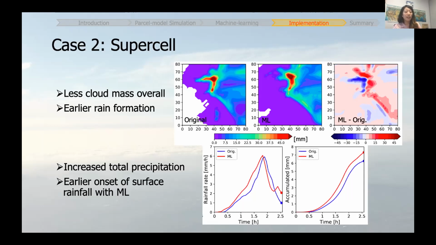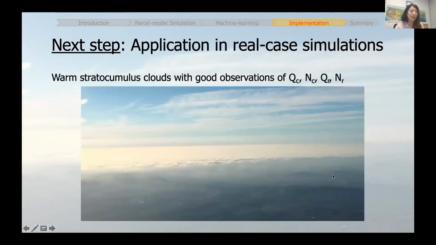And if we go to the next slide, this is my second last slide. The next step is the application of this trained machine parameterization in real case simulation or real data simulation. So those two cases I just briefly introduced today were both idealized. So there's no observations that I can compare against.